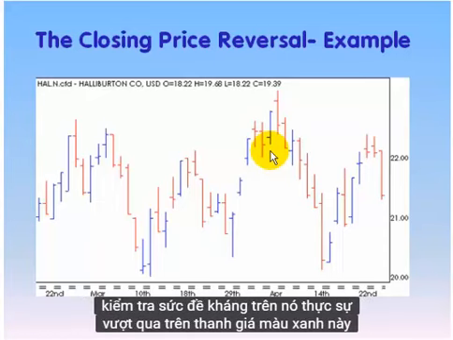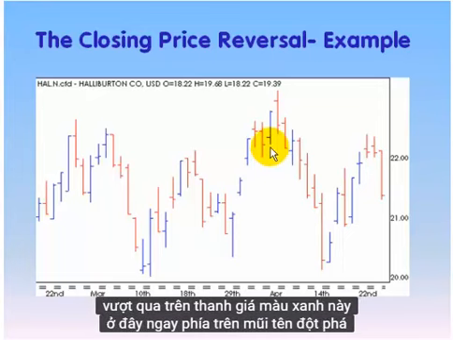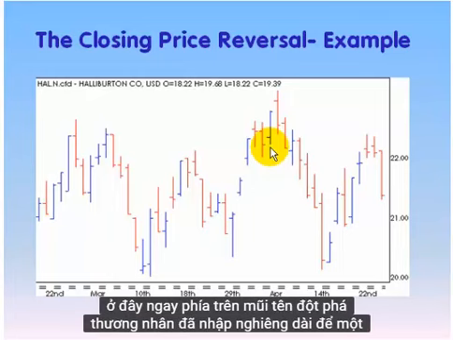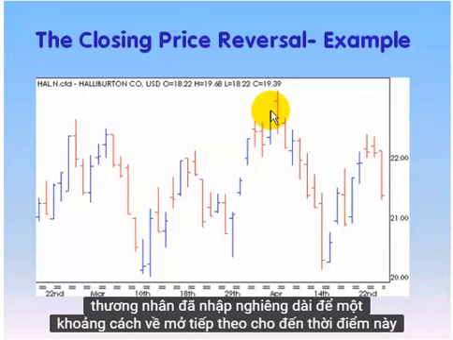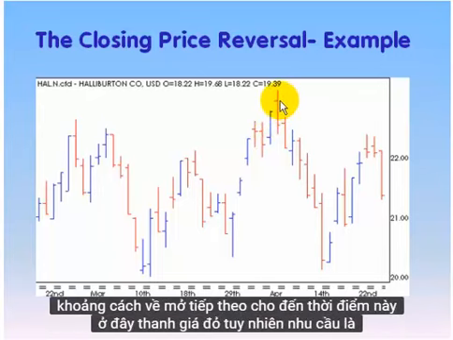It actually breaks through on this blue price bar here, just above the arrow. The breakout traders have entered long, leading to a gap up on the next open to this point here, the red price bar.